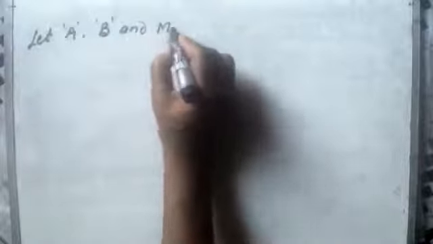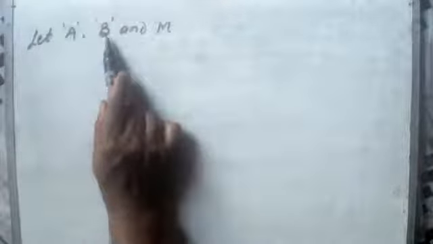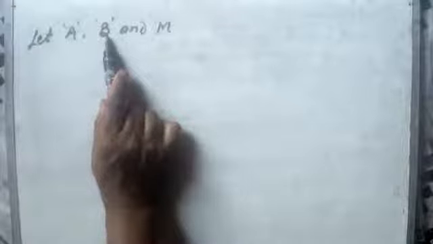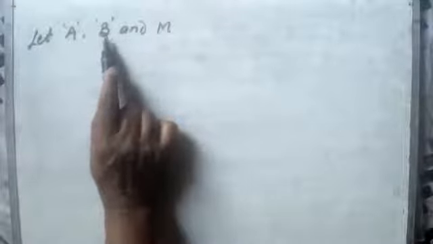Let A, B, and M. The first letter of the apple is A, and first letter of the banana represents B, and M represents the mango.